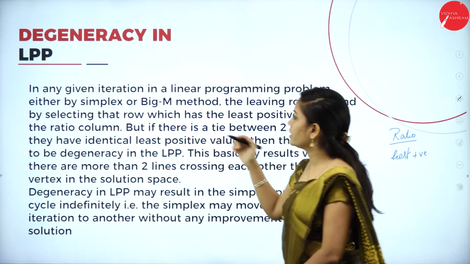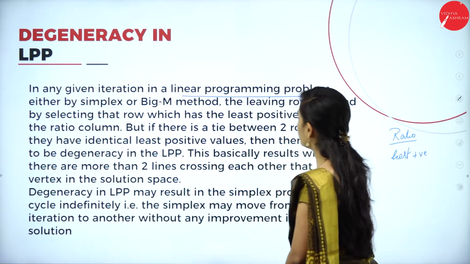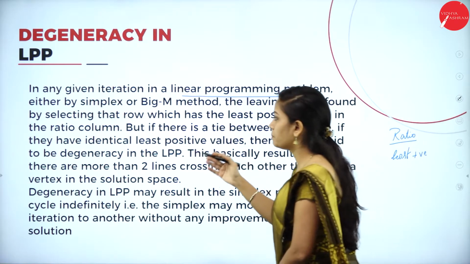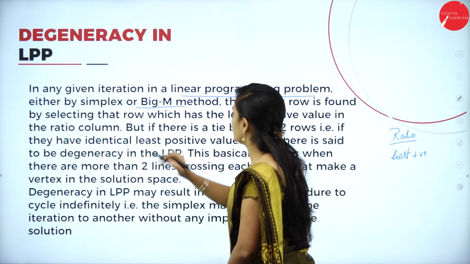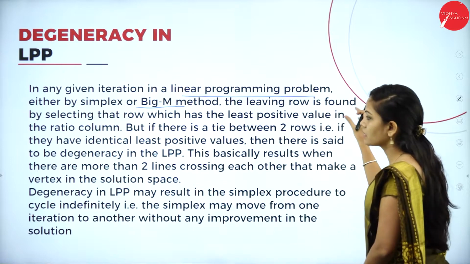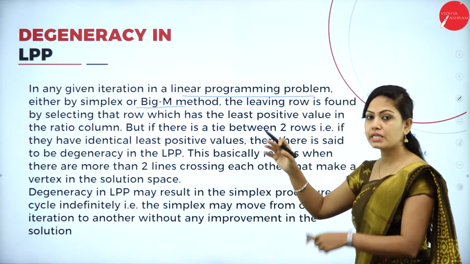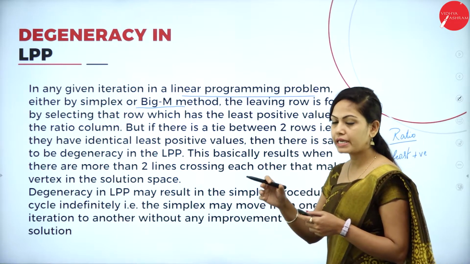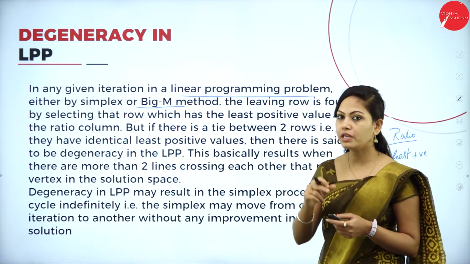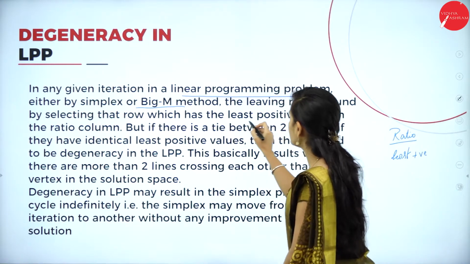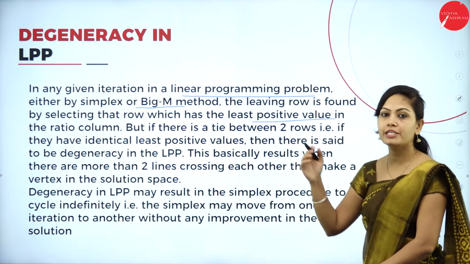In any given iteration in a linear programming problem, either by Simplex or B.C.A method, the leaving row is found by selecting that row. Leaving row means it is the key row, which has the least positive value in the ratio column.